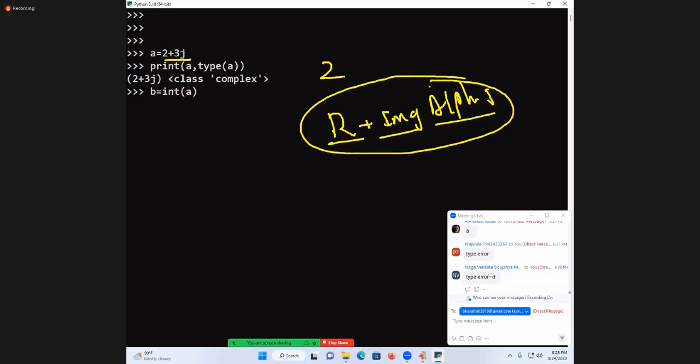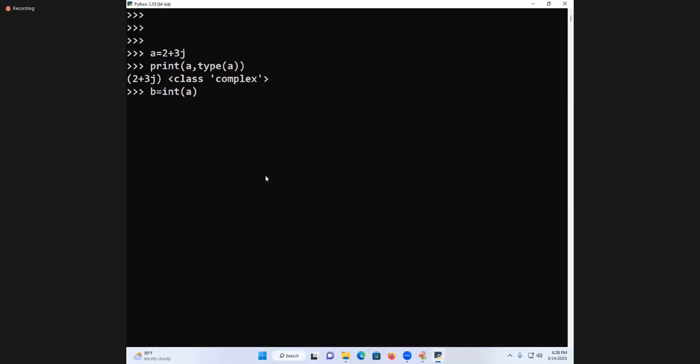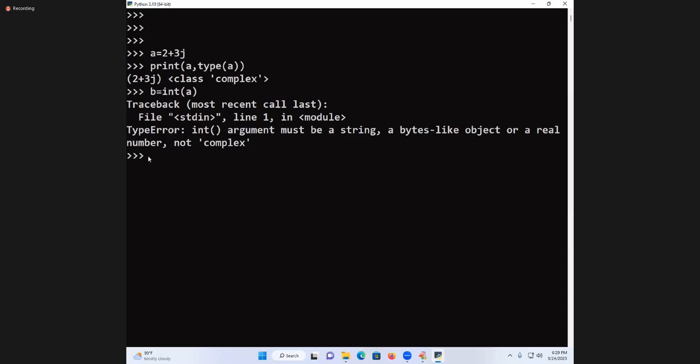Numbers with alphabets are called alphanumeric. Alphanumeric values are not possible to convert into integer. Understand my point? Wrong or impossible conversions are known as type error.